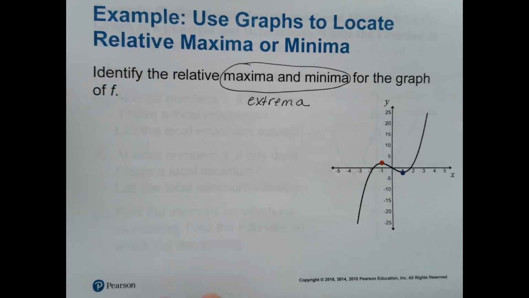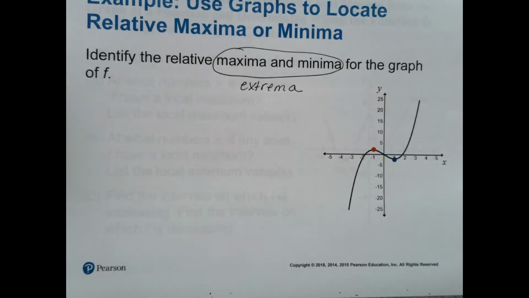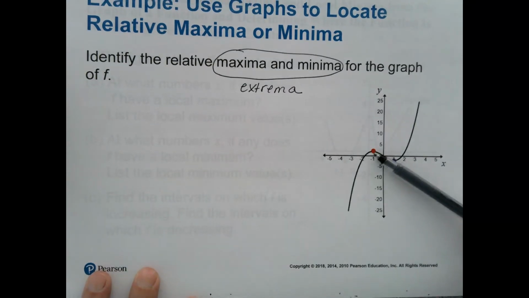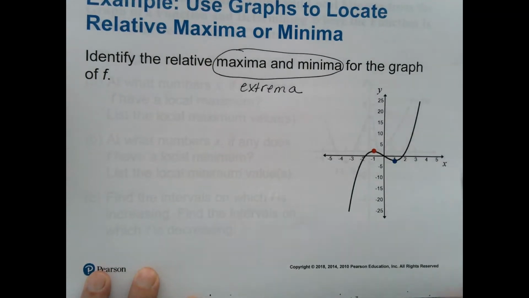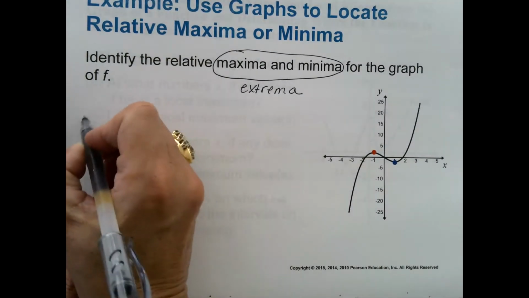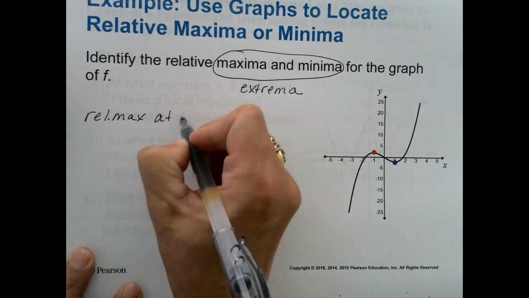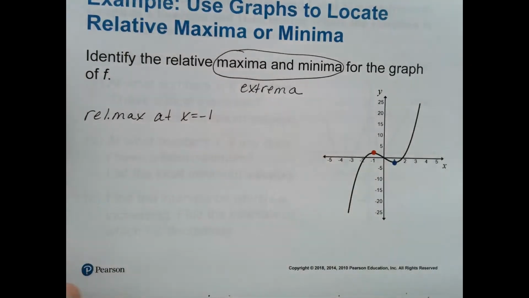Okay, so this particular graph already highlights where they are with a red dot and a blue dot, but you see as you trace the curve along, you've got a little peak there. So that occurs at x equals -1. So we have a relative max at x equals -1.